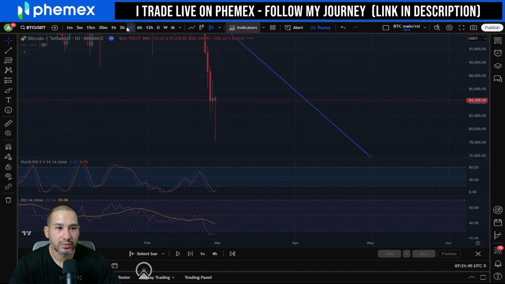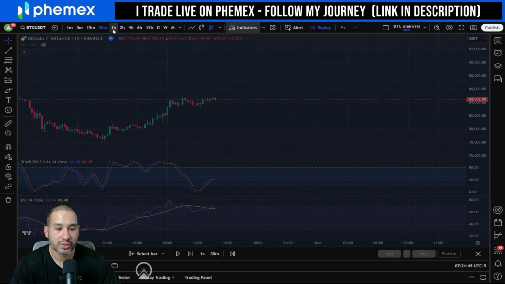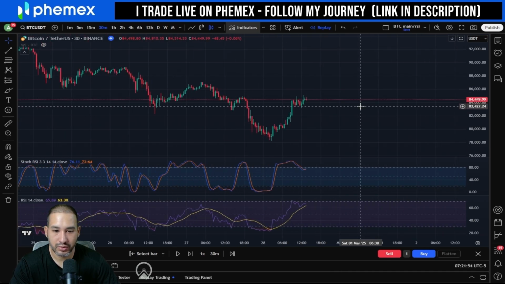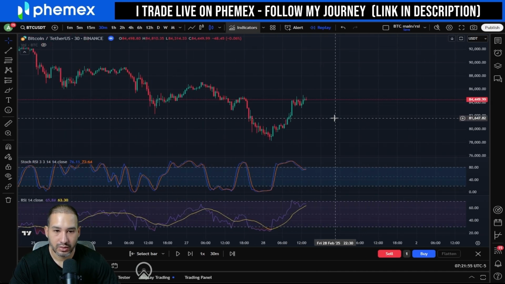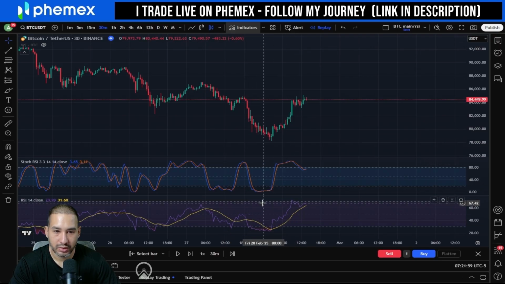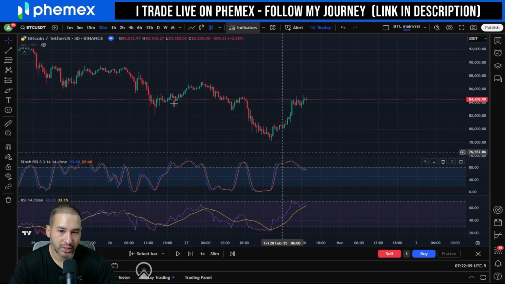So now let's look at the lower time frames. So lower time frames, you're starting to see what you want to see. Seeing V-shaped recovery, you're seeing being oversold, coming all the way up, showing overbought strength, and the stochastic RSI topping out.